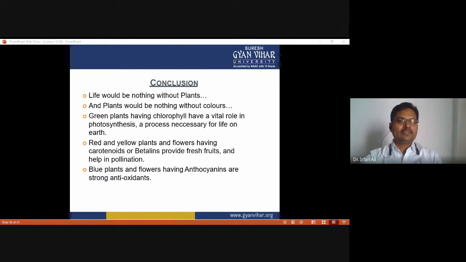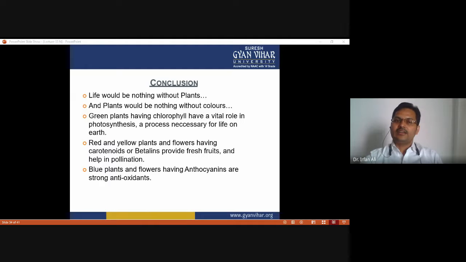And plants would be nothing without colors, because various plants, due to their flower color, are used in gardens for aesthetic purposes. Green plants having chlorophyll have a vital role in photosynthesis, a process necessary for existing life on earth.